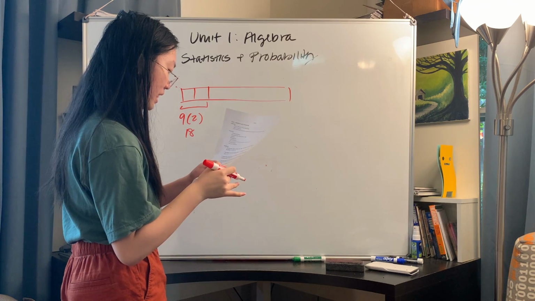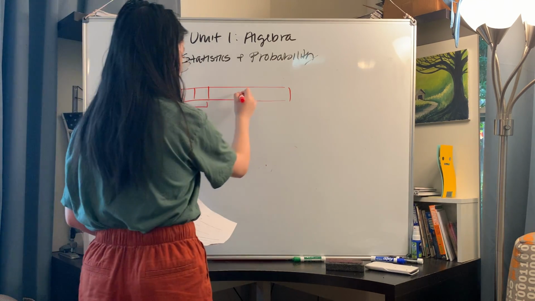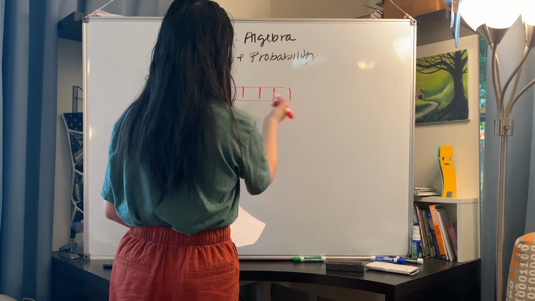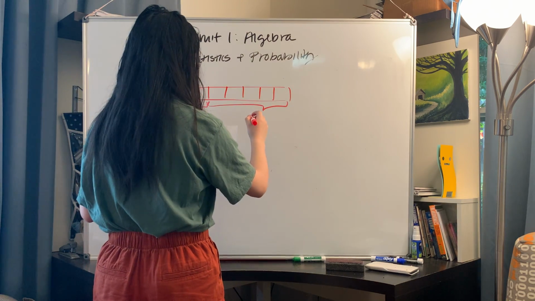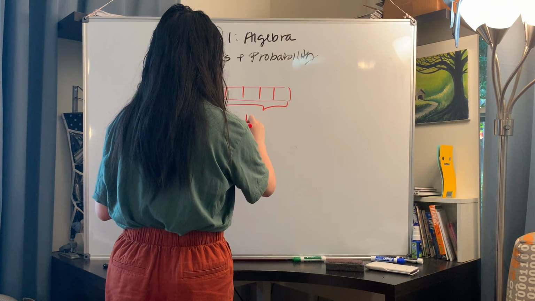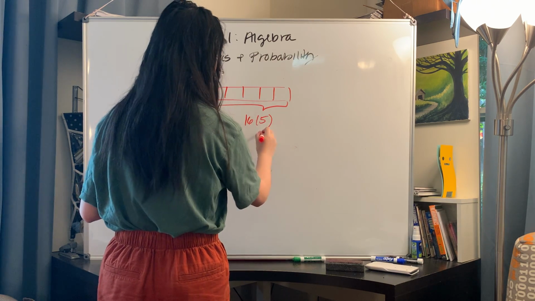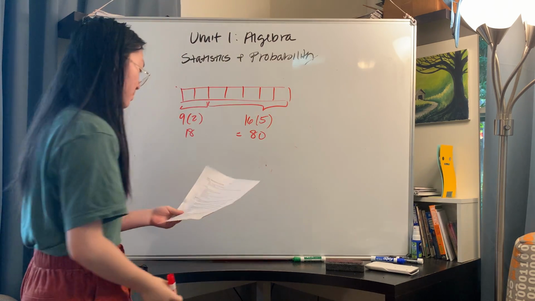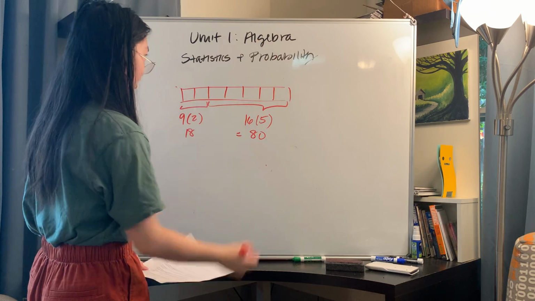And then we know that the average of the last 5 is 16. So these are the next 5 numbers. Yeah, I counted correctly. The sum of the next 5 numbers would be 16 times 5, that's equal to 80. And so now we're trying to find the average of all 7 of these numbers.